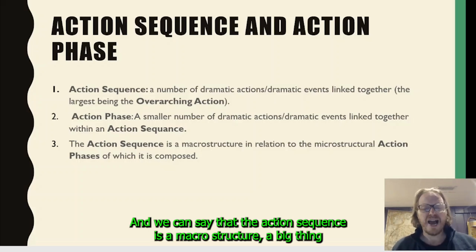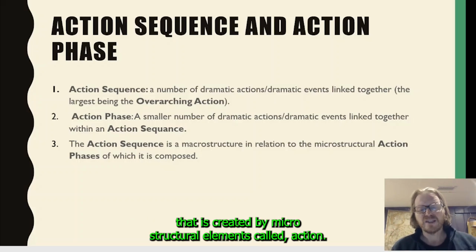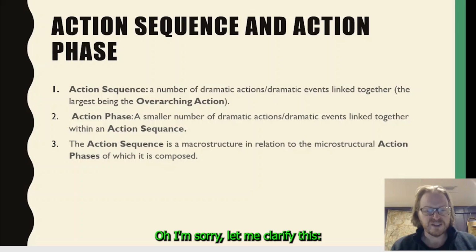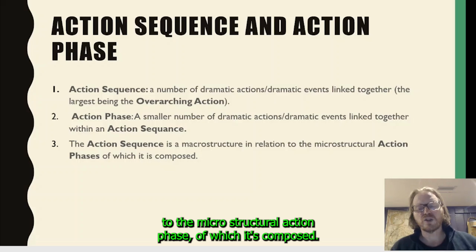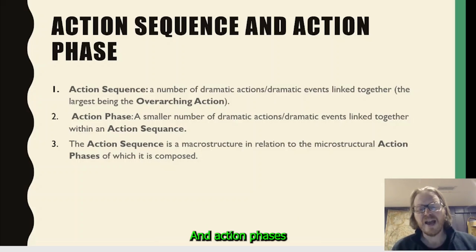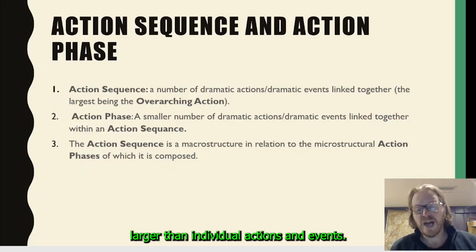We can say that the action sequence is a macrostructure, a big thing that is created by microstructural elements called action. Oh, I'm sorry, let me clarify this. The action sequence is a macrostructure in relationship to the microstructural action phase of which it's composed. And action phases are larger than individual actions and events.